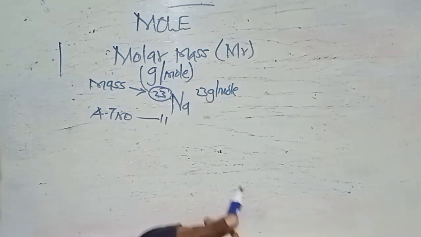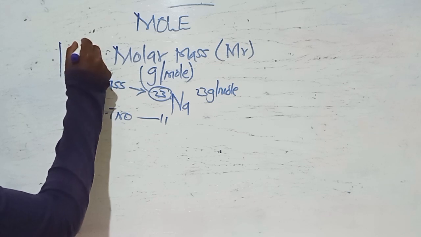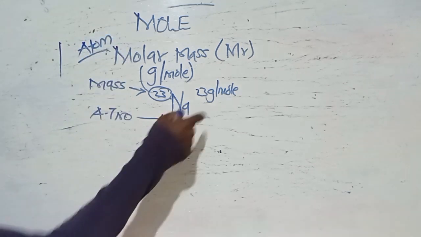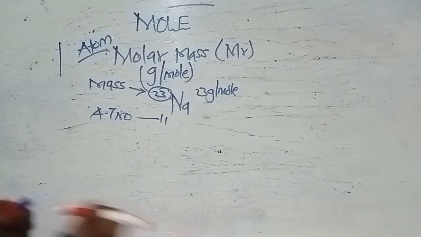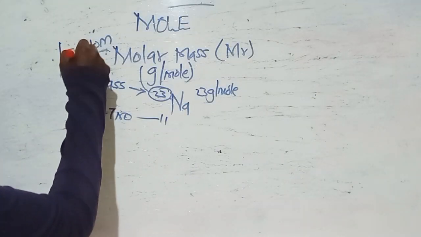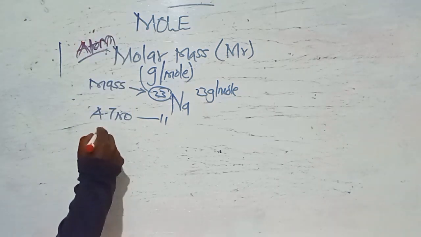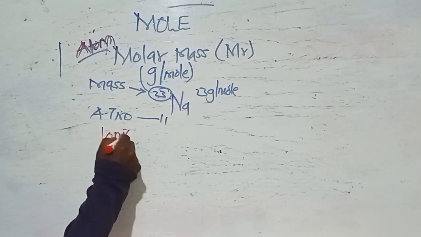Now, when you're talking about an atom, the mass of an atom is what you call molar mass. This is for an atom.